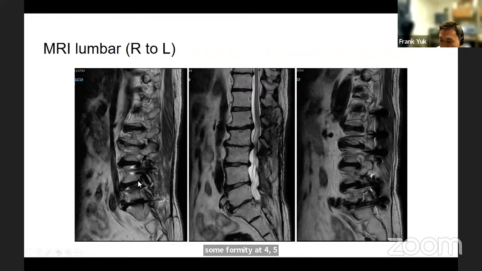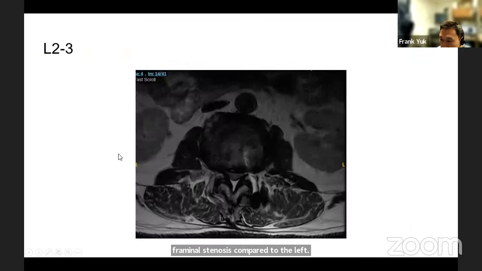I wouldn't say if there's any deformity yet, but I would say that there is significant amount of degeneration in the lumbar spine throughout, but it's specifically at the right 4-5 foramen. There's a significant amount of foraminal stenosis as compared to the left. There's some artifact from the screws. Okay, and here's the midline cut from L2-3 showing severe stenosis.